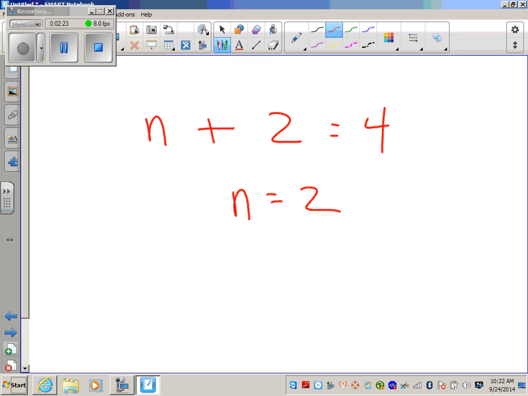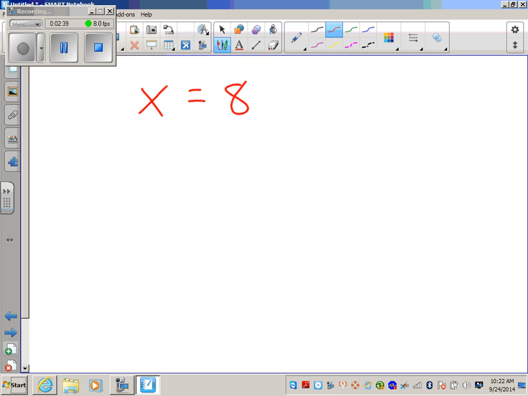Now, what we'll have to do for today is actually evaluate expressions. For example, if I told you that every time you saw the letter X, it was a representation for the value 8.